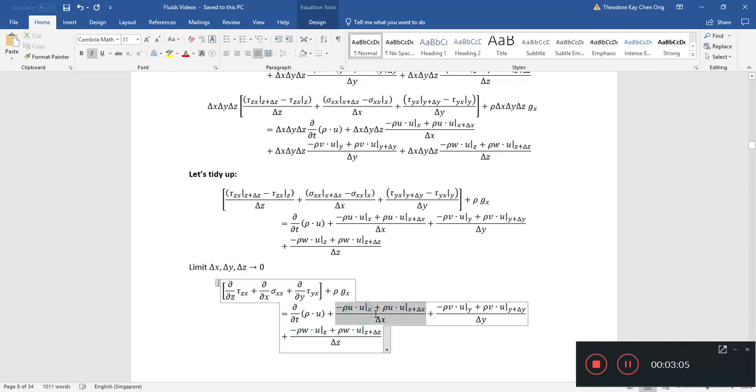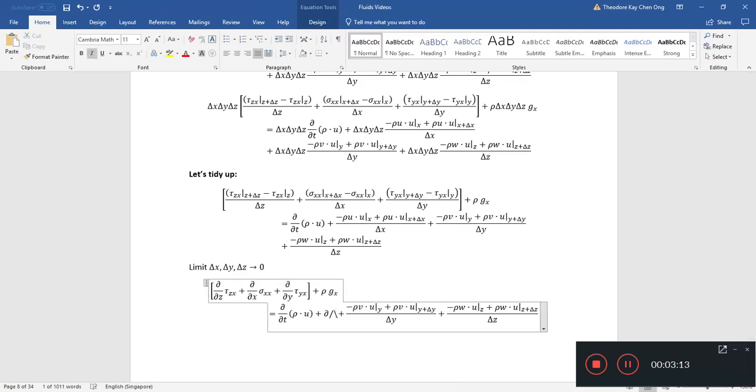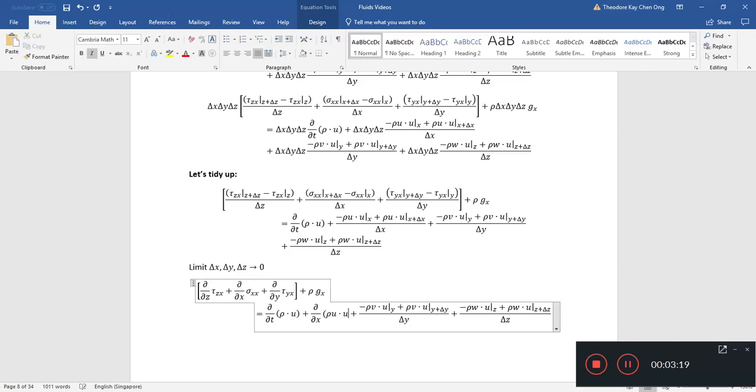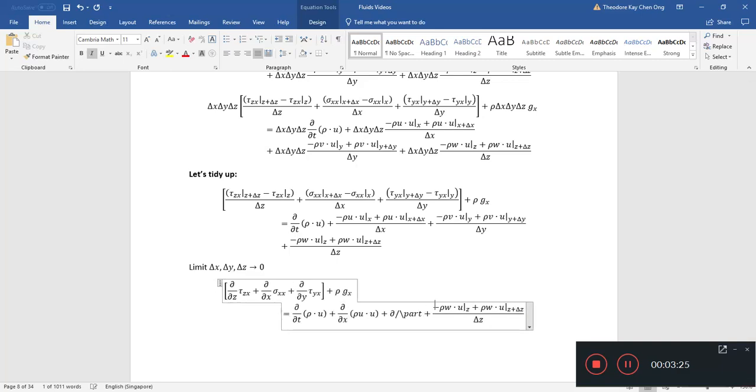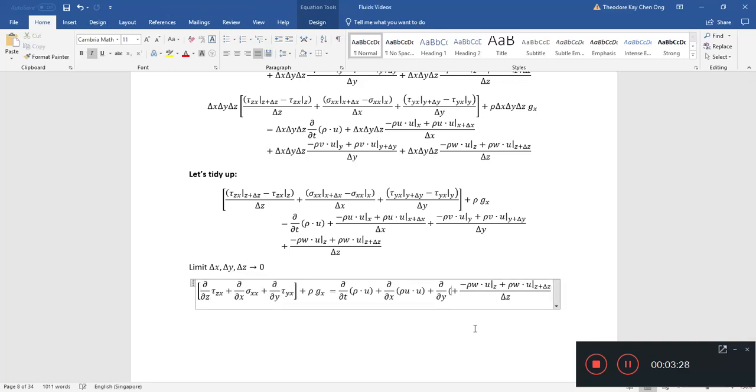So we'll do the same for the right hand side. Here is the partial with respect to x, rho u dot u. Now this is a partial with respect to y, rho v dot u.